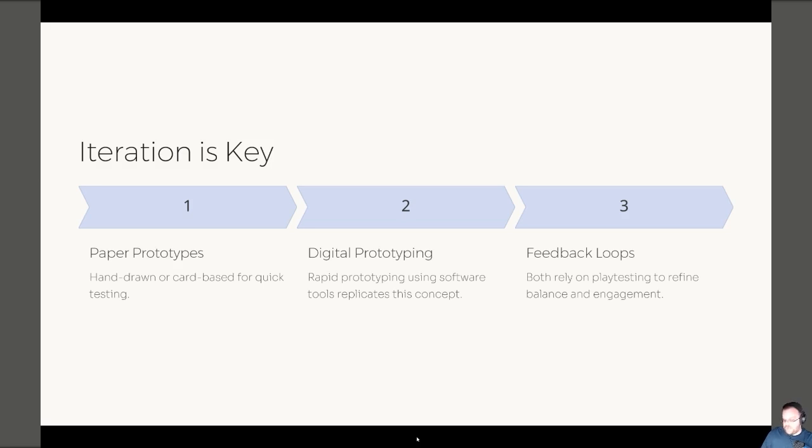Paper prototypes are obviously a lot more common in paper game design because you're going to start by creating a prototype of your game and it's going to be a paper prototype. But they are used quite often in digital game design as well.